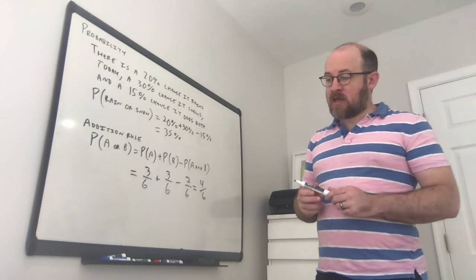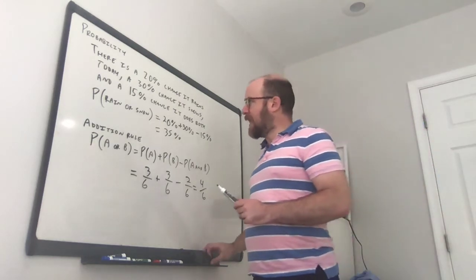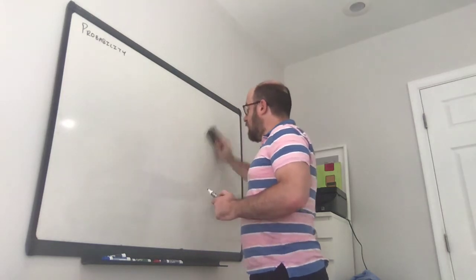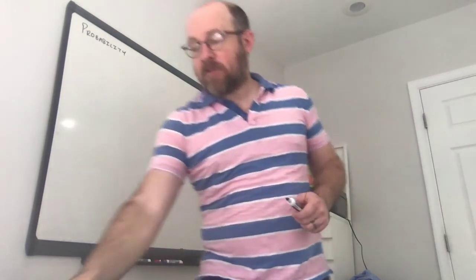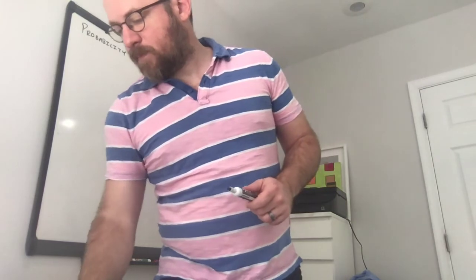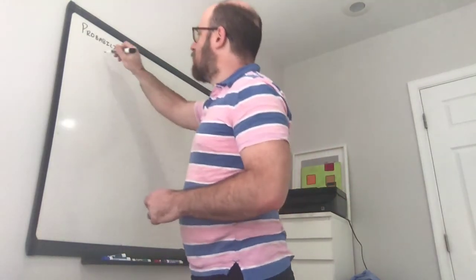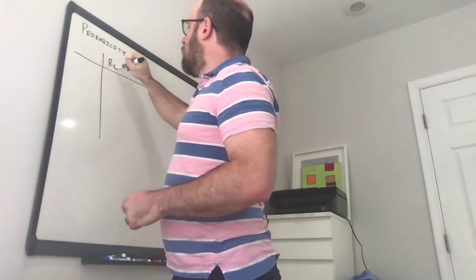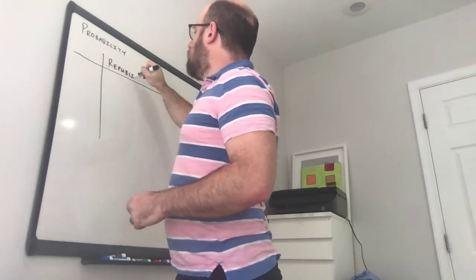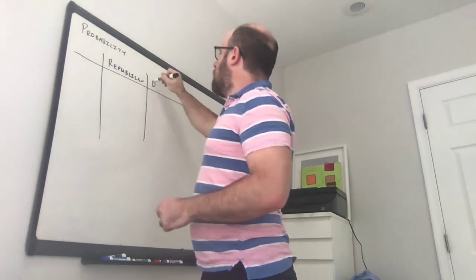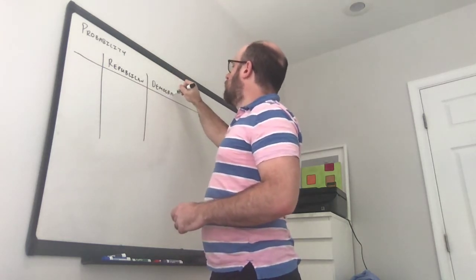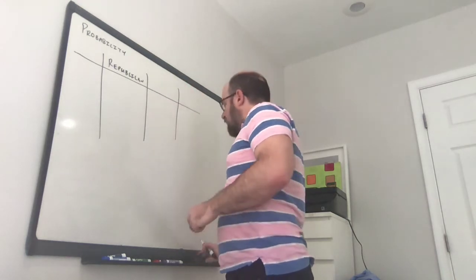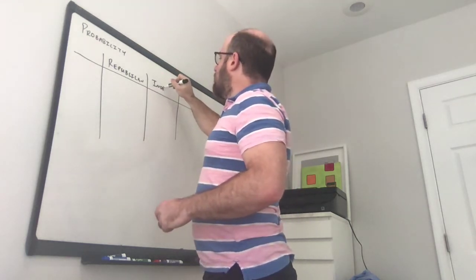Okay? So the last thing I want to talk about in this video is looking at probability from a table of values. So let me give you a table of values. Let me go ahead and write this up. This is research from the Pew Research Institute. It's about the political parties of people in the United States, their political affiliations, based on their race.